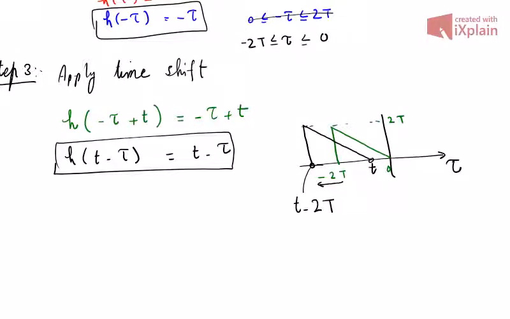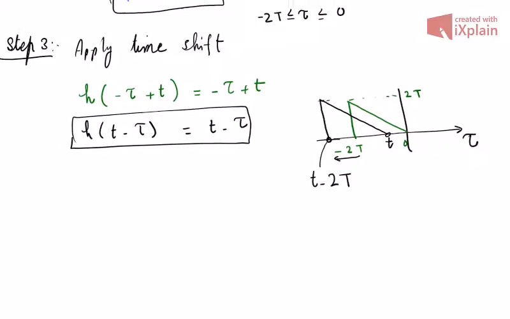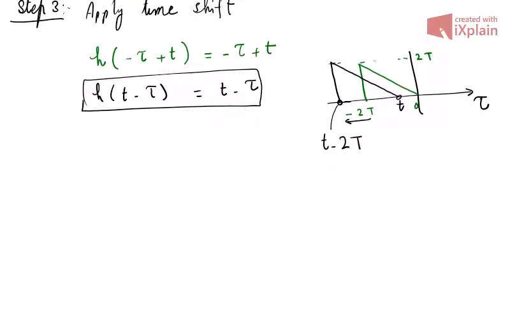Now let's see the product in step number 4, the product of the two signals x of tau and h of t minus tau.